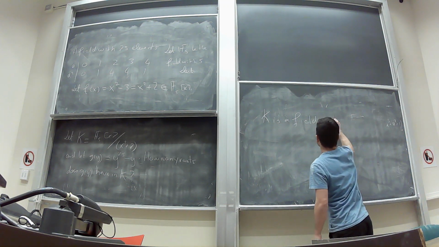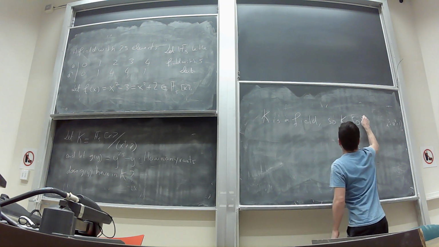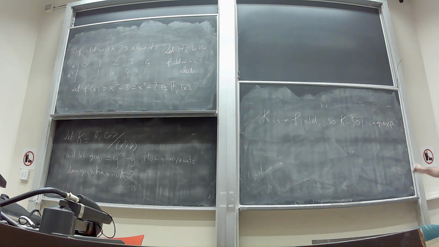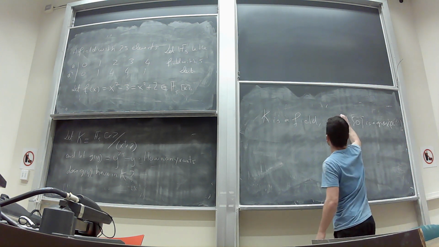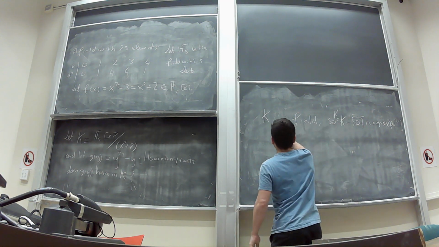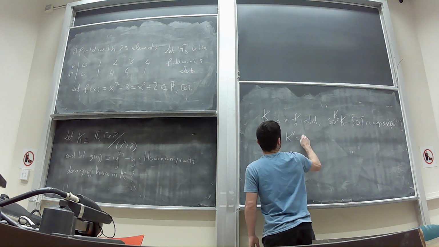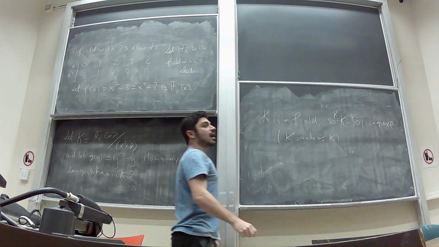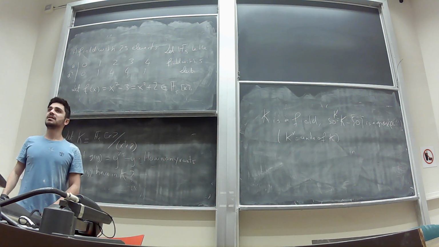K is a field. Agree? So K minus 0 is a group. Right? These are the group of units of K. Let's call it K star, units of K. How many elements does K star have in that case?